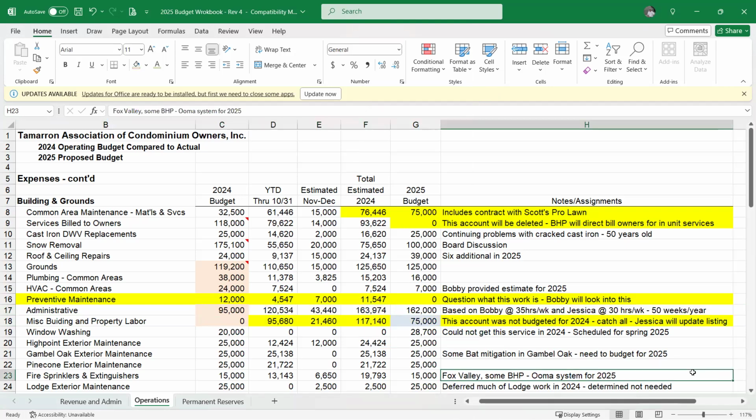Agreed. It's a flat rate agreement, which is salary. That's what I was trying to say about Bobby's time. He definitely is giving Tamaron a lot more than 35 hours a week.